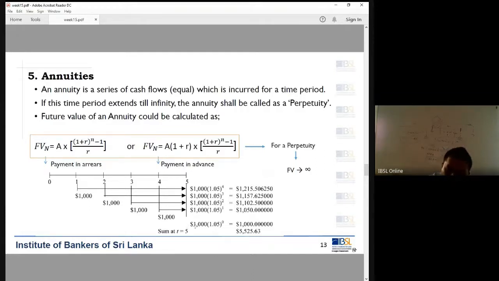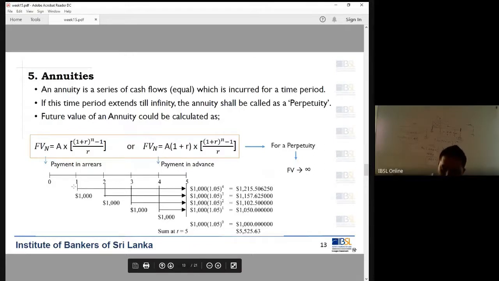So what has happened here is that these individual cash flows are going to be reinvested for a number of years. If you look at this equation, 1000 multiplied by 1.05 to the power of 4 is going to give me 1215 or so. Similarly, this one 3, this one 2, this one 1, and the last one has no compounding, that means 1000 itself.